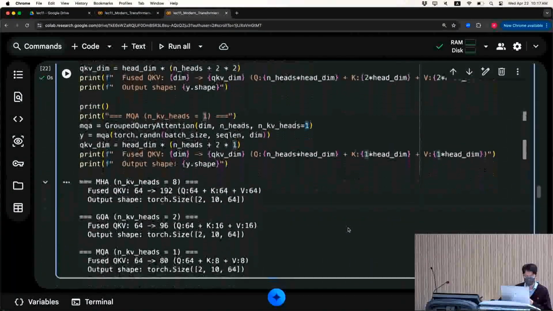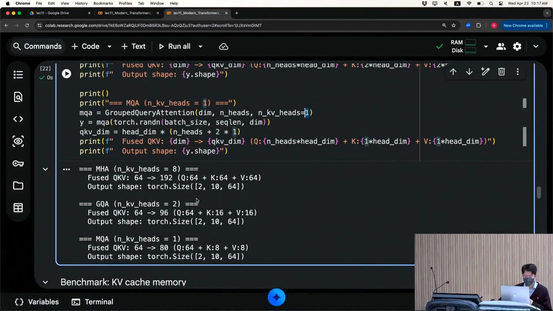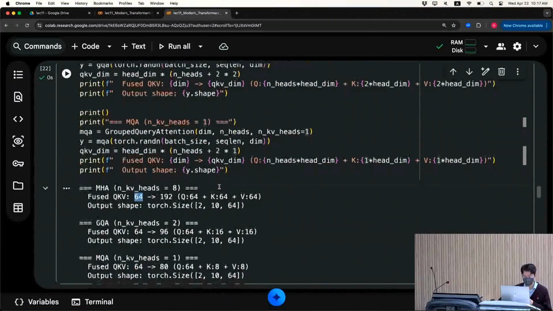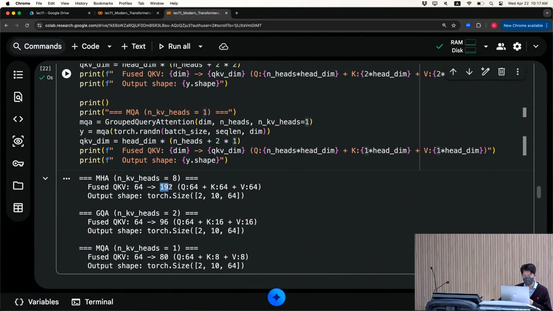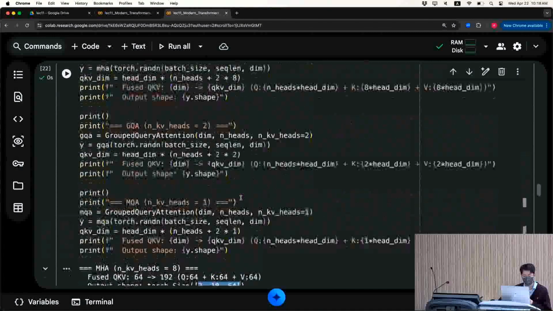Okay, so let's check the shape. So for the fused KB, it maps to 192 dimensions, all 64 query heads, key heads, and value heads, and output is same as the input dimension.